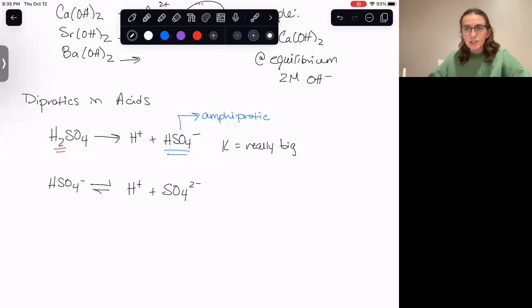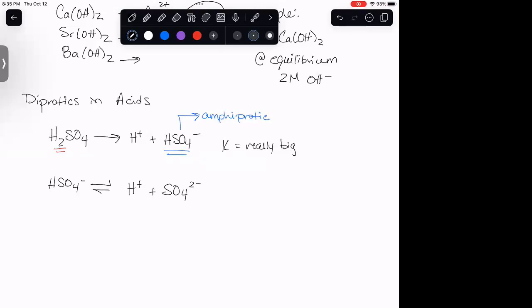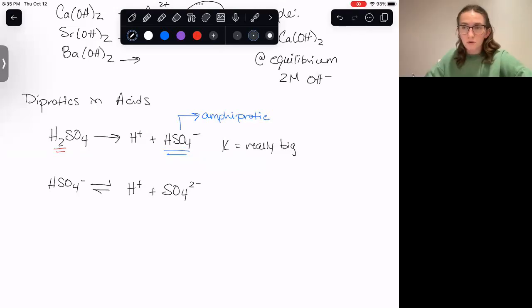Is HSO4 minus a strong or weak acid here? Right, just HSO4 minus, strong or weak? It is weak, right? Equilibrium will form for a weak acid.